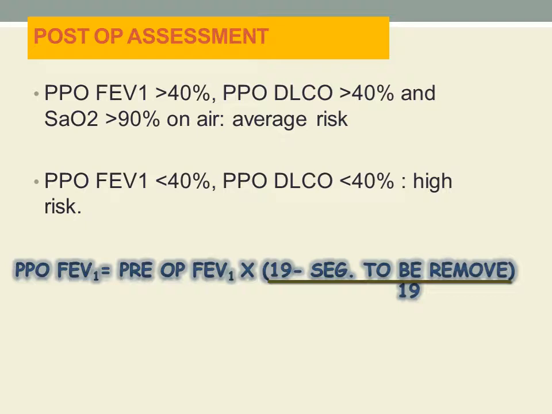For the functioning segments to be resected, the right upper lobe is 3 by 4, the middle lobe 2 by 4, the right lower lobe 5 by 4, and the left upper lobe 5 by 4. The predicted postoperative lung function is then estimated by the PPO value.